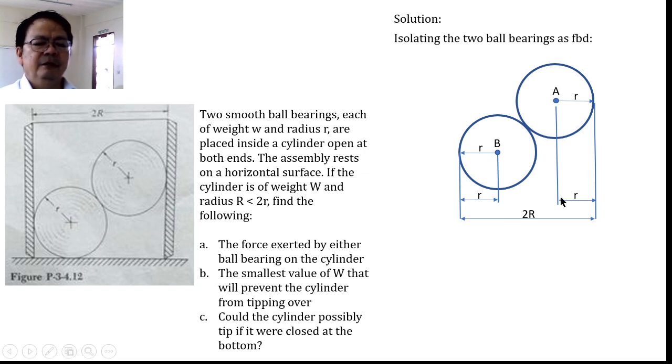At mula dyan, makukuha natin itong horizontal distance between A and B. And this becomes equal to the difference between 2R and the radius of the ball bearing. Diba? Ngayon, try to imagine natin that we draw a line to connect this A and B. Okay, connect natin yan. So, because we are given the radius of the ball bearing, therefore the distance between A and B will be equal to 2R.